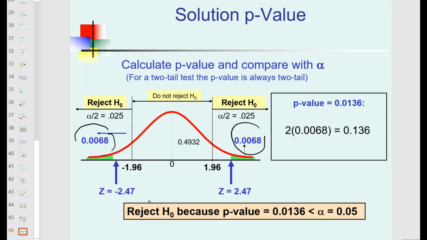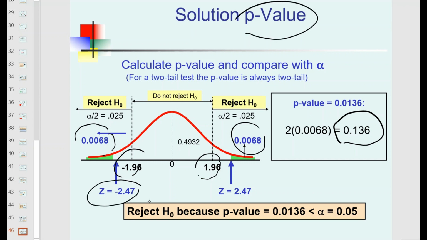So you just times it by 2, because for two tails you just double the same value. Okay, so you'll be getting 0.0136. So remember, we do not take from 1.96, but from the one that you calculated just now for the p-value. And then you compare with your alpha. So what is your alpha here? 0.05. So obviously this is less than 0.05. Okay, so you reject your H null.